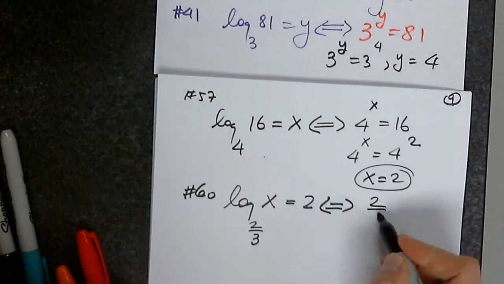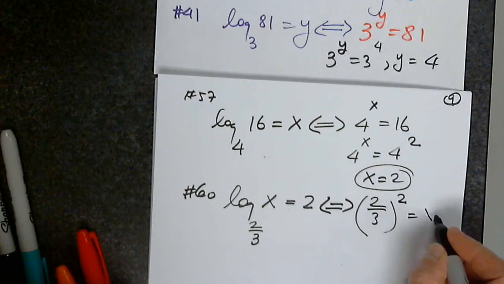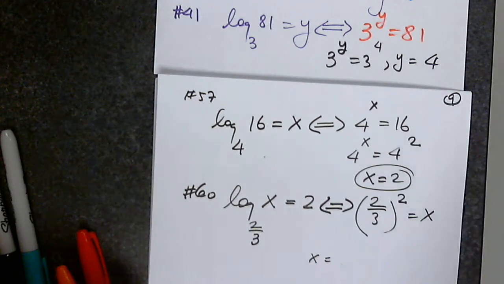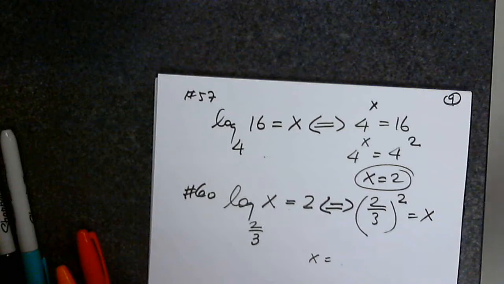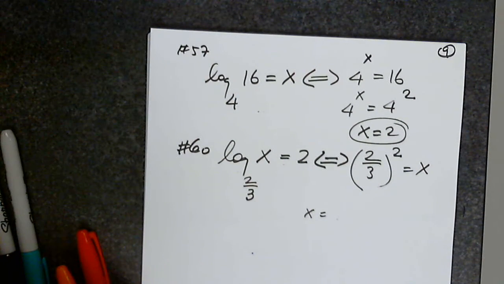So 2/3, everything squared, equals x. Awesome. So then x is, how do we square a fraction? We square the top and we square the bottom, or 2 over 3 times 2 over 3, right?